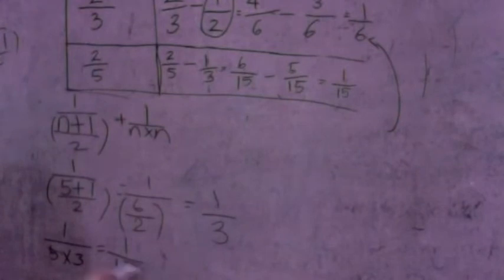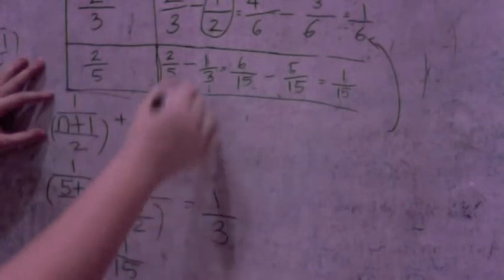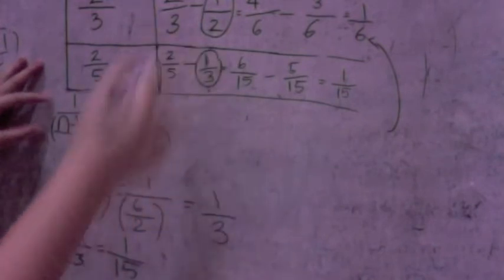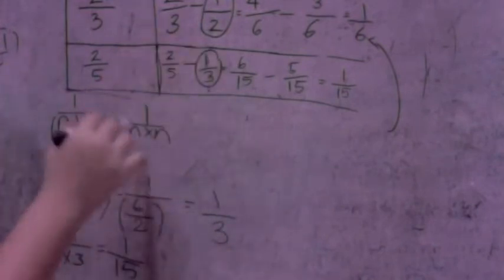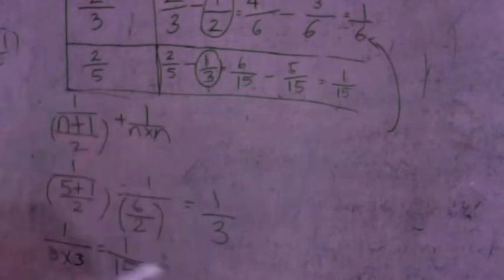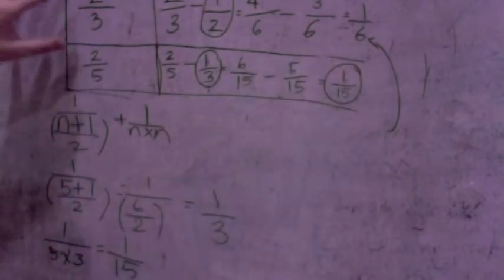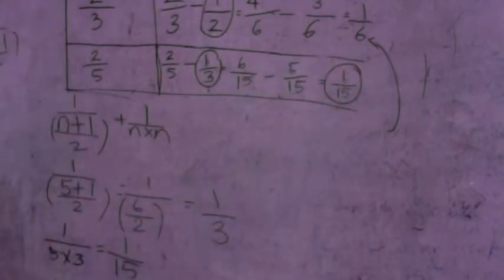And I got 15. 1 over 15. So this pattern here is for discovering the largest unit fraction, while this pattern here is to find the fraction here. So I test with these two fractions, and the pattern worked.